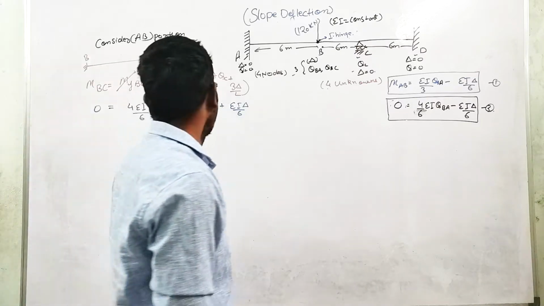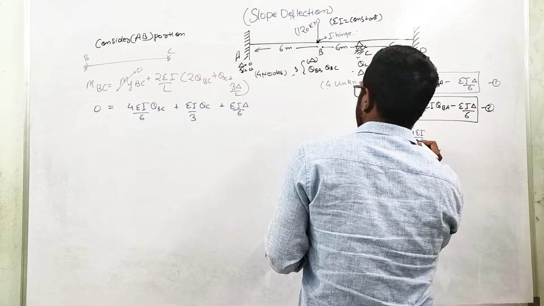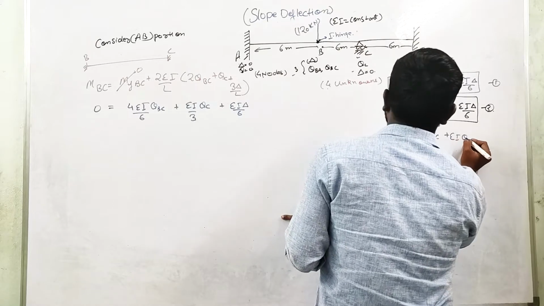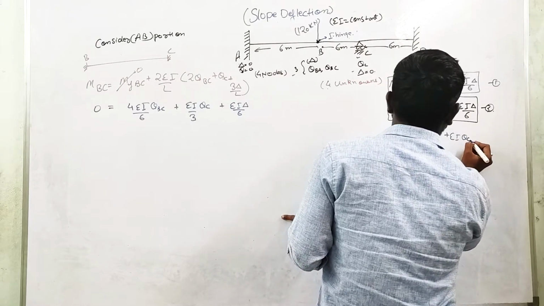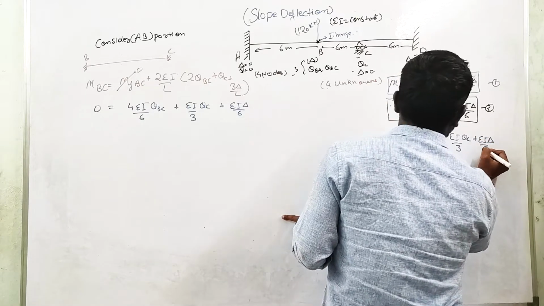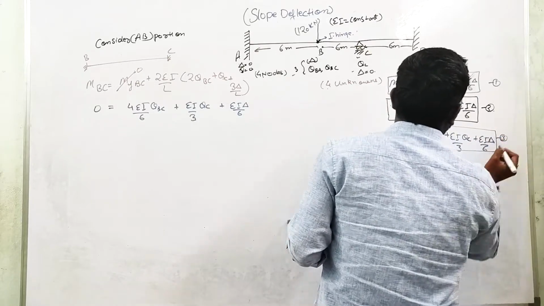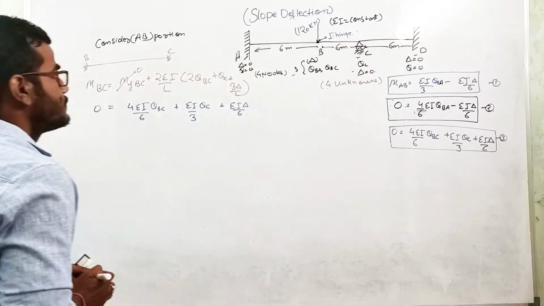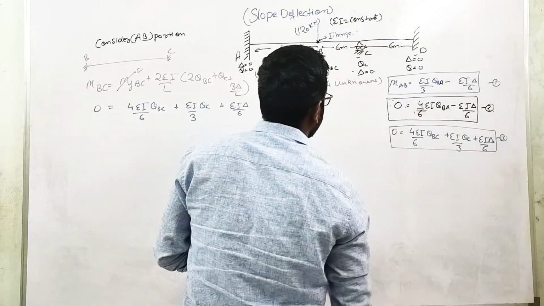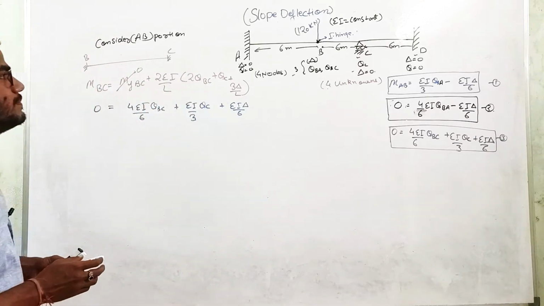Okay, so again one equation is 0 equals 4 EI by 6 theta BC plus EI theta C over 3 plus EI delta over 6. So this is equation number 3, right? So here we are just using the concept that at an internal hinge the moment is 0, because the purpose of an internal hinge is basically to release the moment. Okay, so this is done.